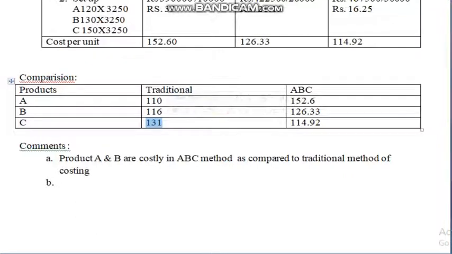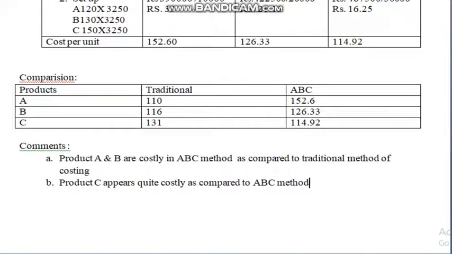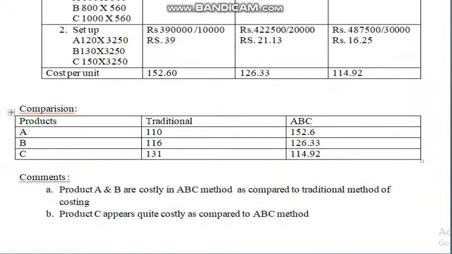So here product C appears quite costly as compared to ABC method. So this is the observation of this problem.